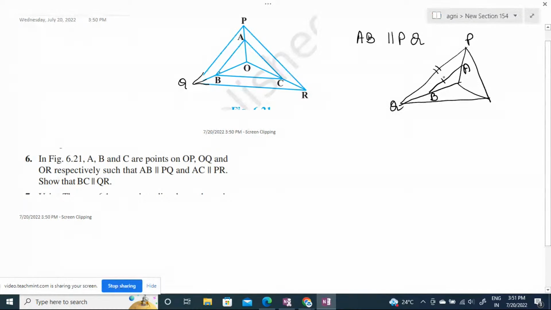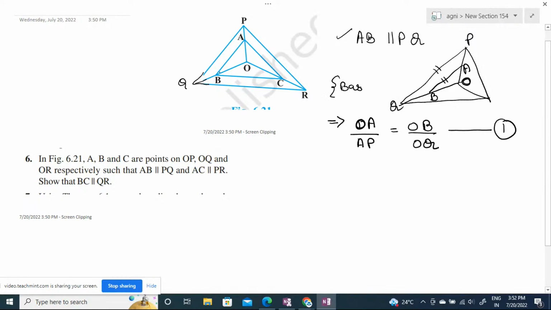These two lines are parallel. So when these two lines are parallel, then their ratios are equal. So we can write, this is O, OA upon AP, which is equal to OB upon OQ from the basic proportionality theorem. Lines are parallel, then the ratio of the sides are equal from the basic proportionality theorem.